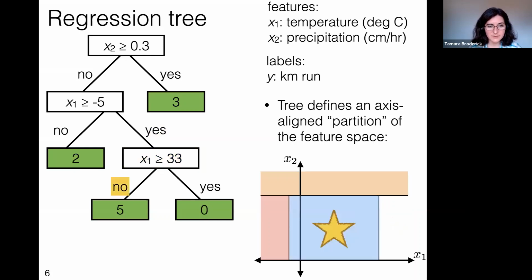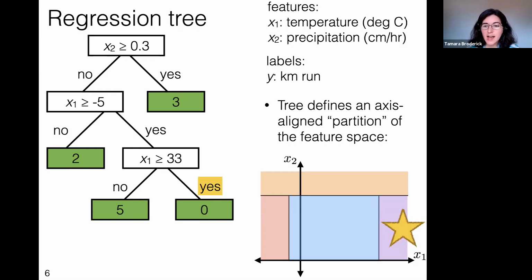On one side, we'll have x1 less than 33, but it also conforms to all of the other constraints we've imposed so far. So this is the set right here where x2 is less than 0.3, x1 is greater than or equal to -5, and x1 is less than 33. And on this side, we have the same first set of constraints, and then x1 is greater than 33.